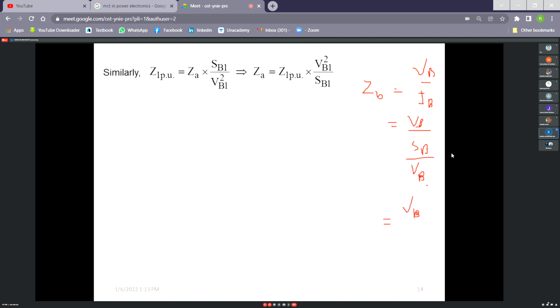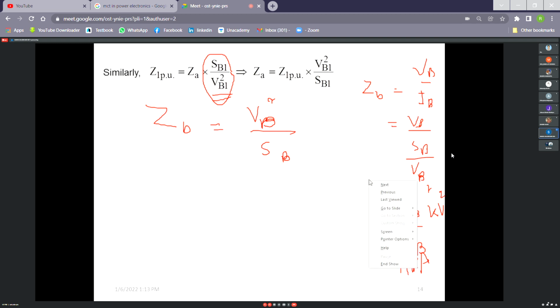And for VB square by SB, the unit will be the same: if SB is in MVA and VB is in kV, that means it is kV square, so 10 to the power 6 in the numerator and denominator will cancel out. So in that way, generally we use VB square by SB directly. But note that SB by VB square is not ZB; ZB is VB square by SB. I hope you can understand.